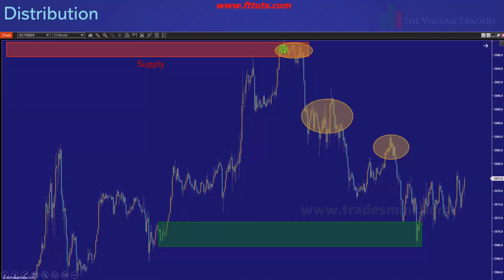On the previous screen, there was accumulation right above demand, but it can happen also inside the zone. So we have consolidation with a lot of indecision candles. They found sellers, and then above another demand we see redistribution. So redistribution can be potential accumulation.